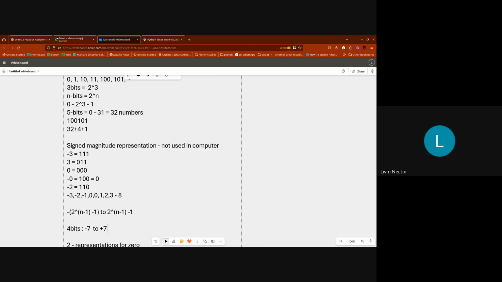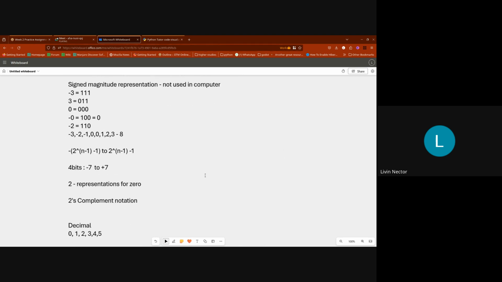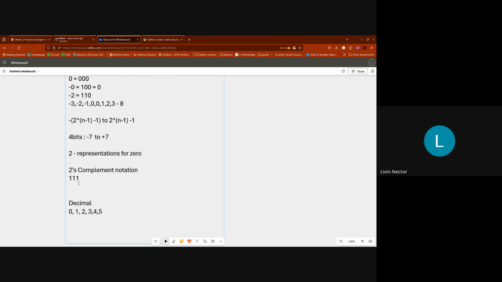So these 2 representations of 0 are going to waste, right? So people came up with another representation called 2's complement representation. Here, for example, let's assume 3 bits for now. They started from 0 and wrote 0, 1, 2, 3.